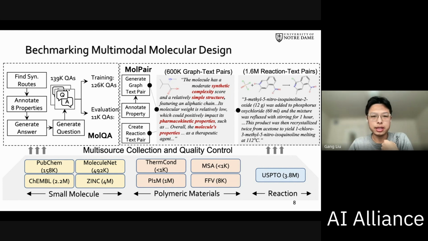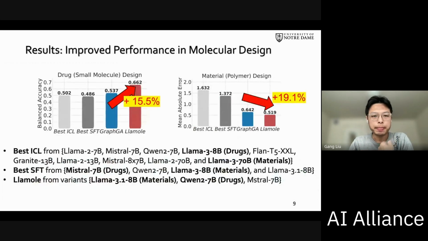Then we use the MolePair to pre-train the three graph model modules, and then we use the MoleQA to fine-tune the large language model. And going into results here, we compare the Llamole performance with the best methods from in-context learning, from supervised fine-tuning, and also from the graph generating algorithm. We can see a clear trend that Llamole can improve the best performance.